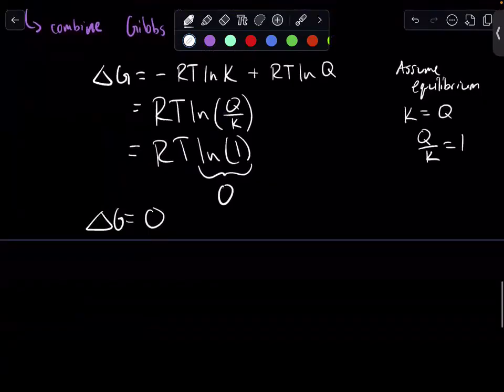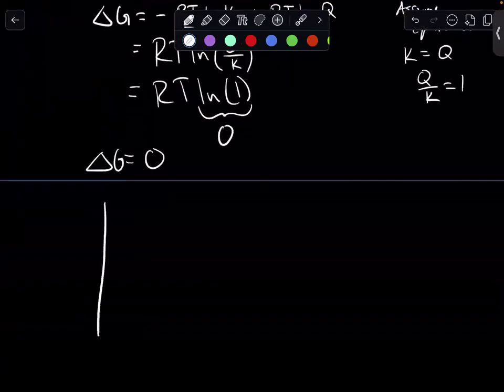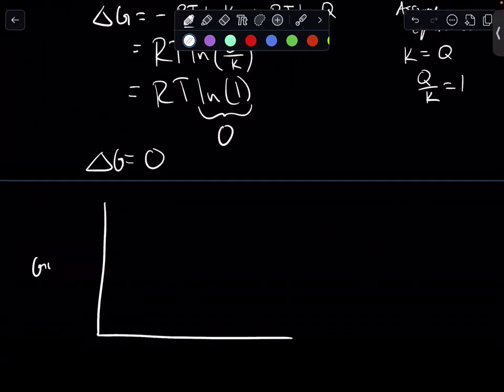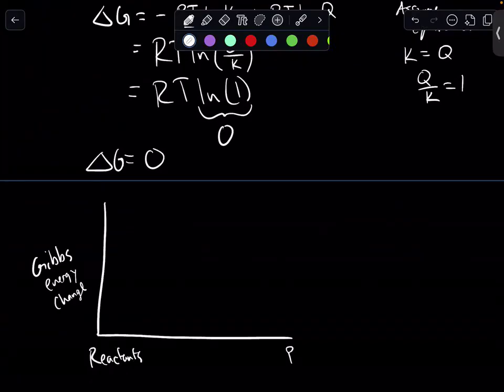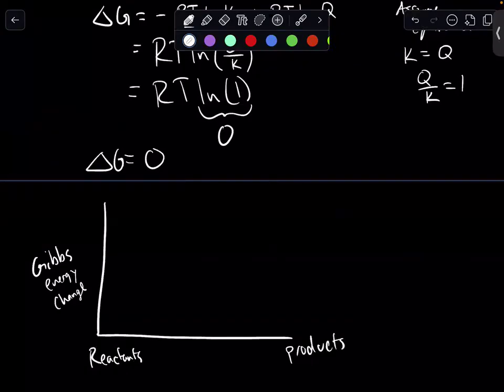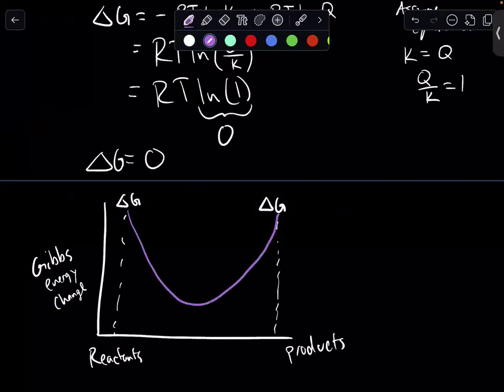This is expected. If we look at this graphically, and we look at Gibbs energy change and reaction progress, we're going to have reactants and products. Our delta G's are kind of at their maximum when we're on either side of reactants and products. But when we're at equilibrium, we have our minimum value.